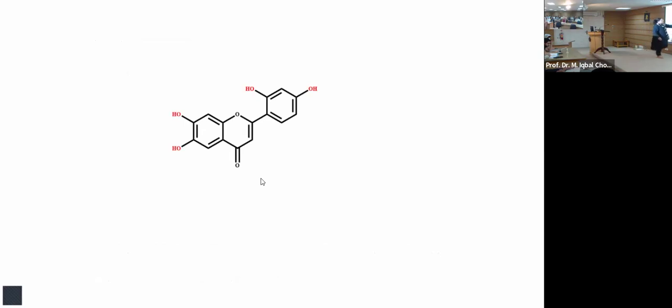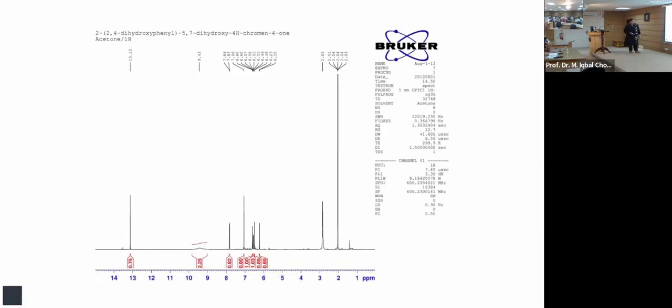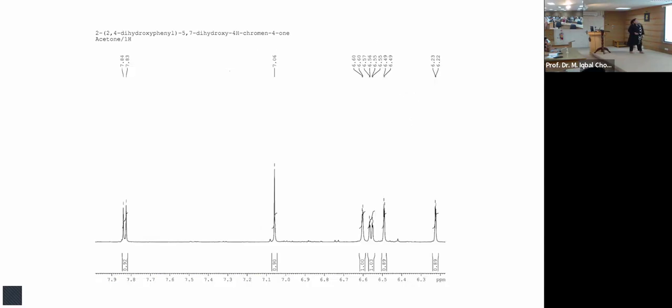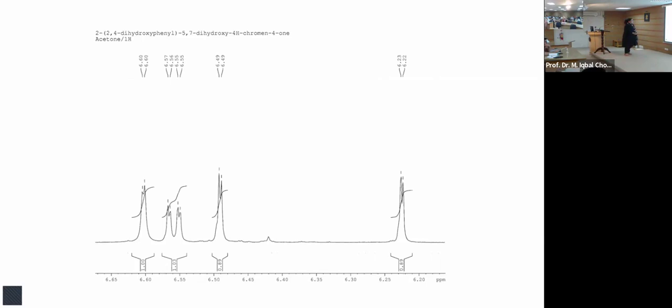Now we know the ortho coupled doublet and doublet of a doublet, and then we have a singlet here. We do not assign them right now because we do not have the exact J value. Once we have the J value, we can easily assign all protons. So we will discuss the further assignment on Monday.